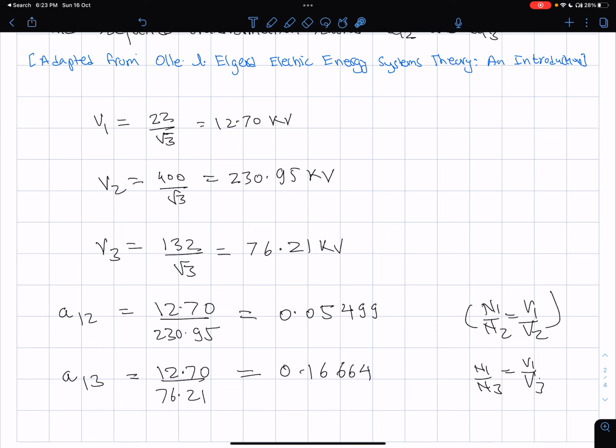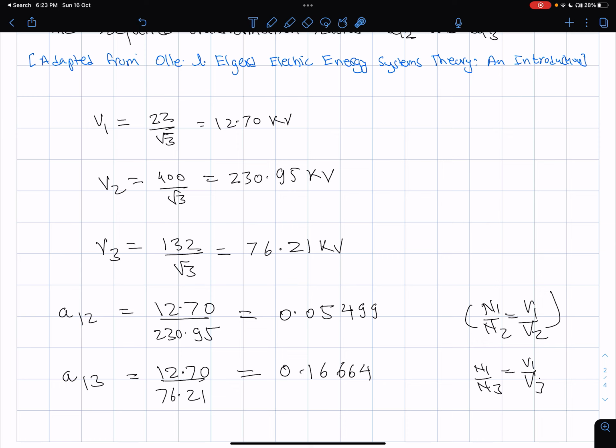Suppose I multiply this by 10 to the power 5. What would that mean?